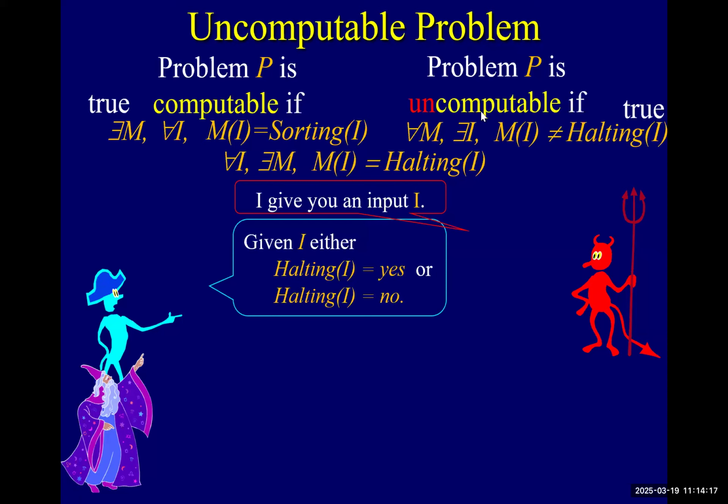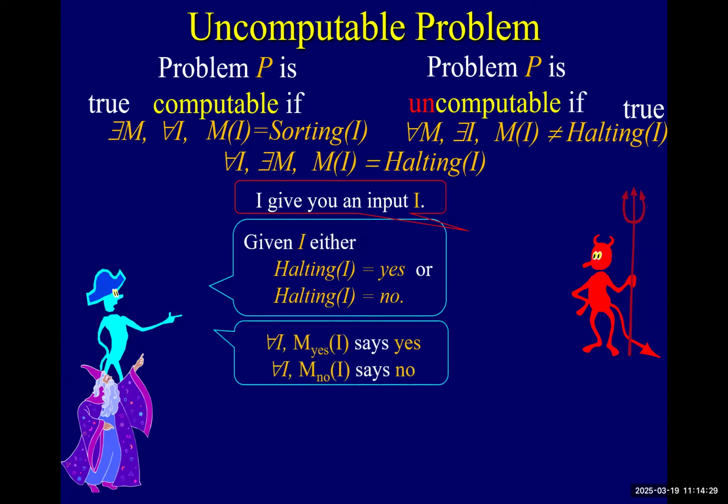All right. So I don't know whether the answer to the halting problem on the adversary's input is yes or no. I don't know, but I know it's either yes or no, right? So I'm going to come up with two algorithms. My first algorithm, what does it do? On every input, it says yes. And what does my second algorithm do?